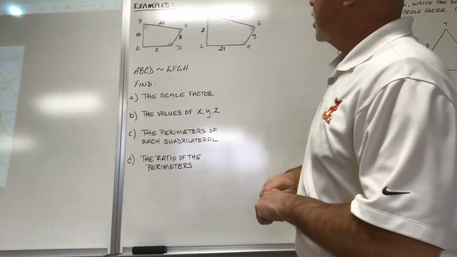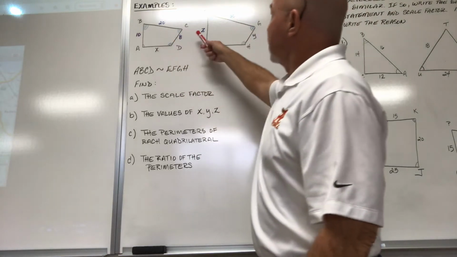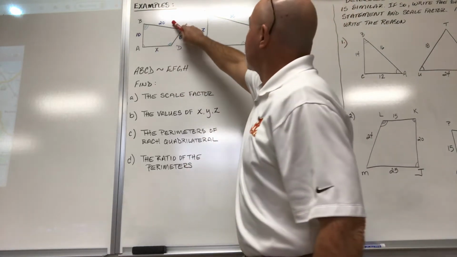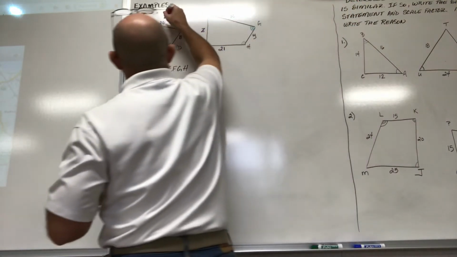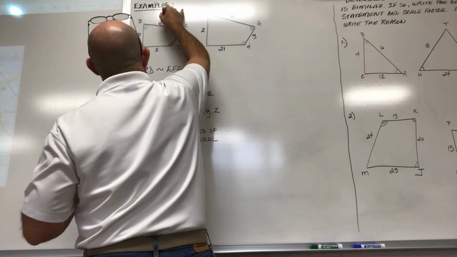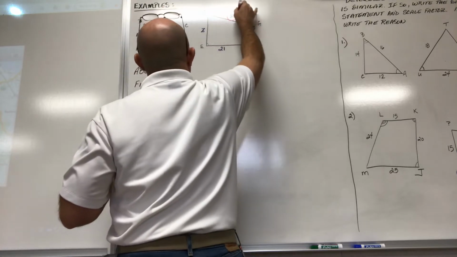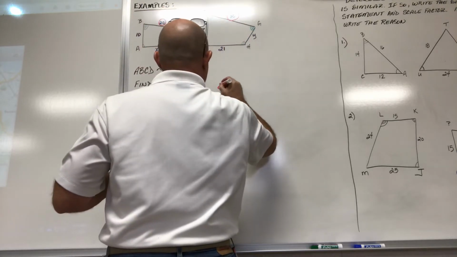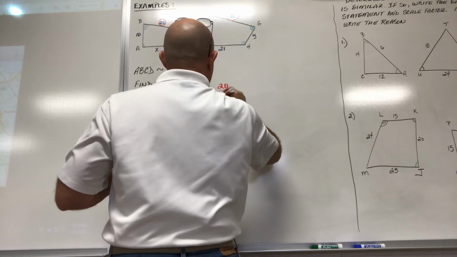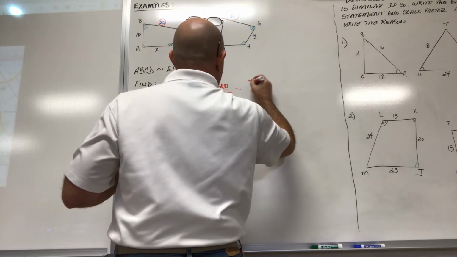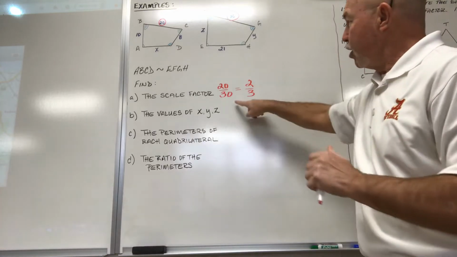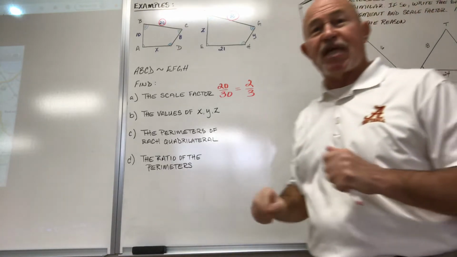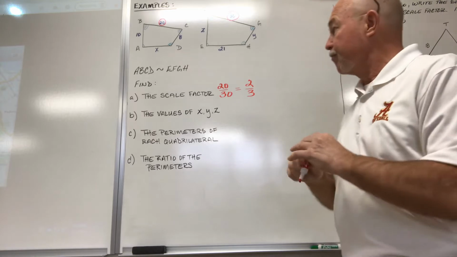In this case, I've got 20 and 30. So I set them up as a ratio and simplify. So my scale factor is 2 to 3.